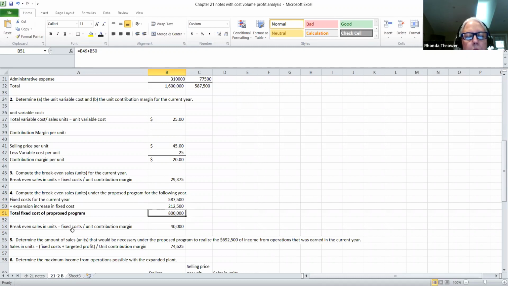And then you take your fixed costs, which are now $800,000, and divide it by the unit contribution margin, which is still $20 per unit. And that will give you 40,000 units that you need to sell in order to break even for the proposed program.